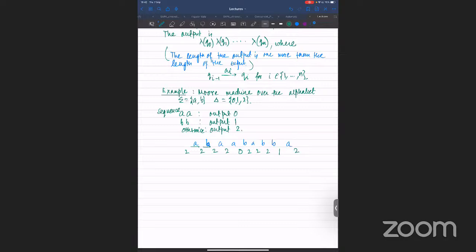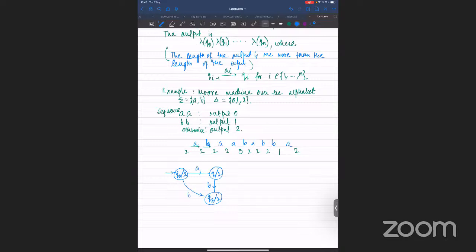Okay, so can you draw this Moore machine? You'll initially start with a 2. And then when you see an A, you'll go to some place which also gives you a 2. If you see a B, you still see a 2.